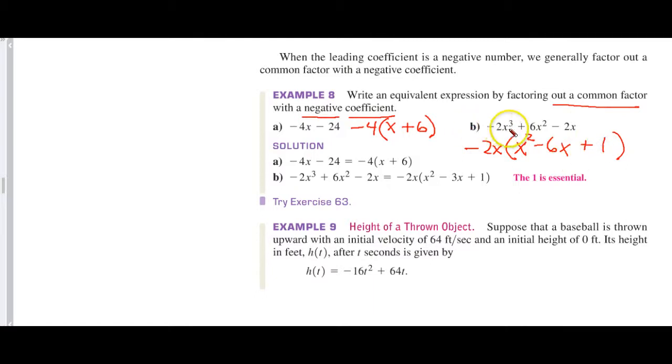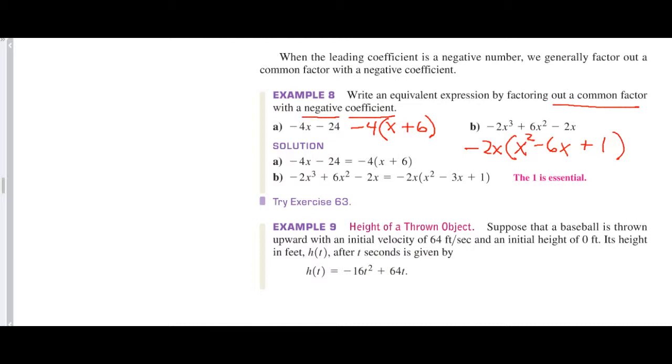Notice we've changed all the signs of what we have in the parenthesis. This was negative, now it's a positive. This was positive, now it's a negative. This was negative, now it's a positive. And if we distribute, we get back to where we were. We got there by factoring out a negative 2x. And they have it here as well.